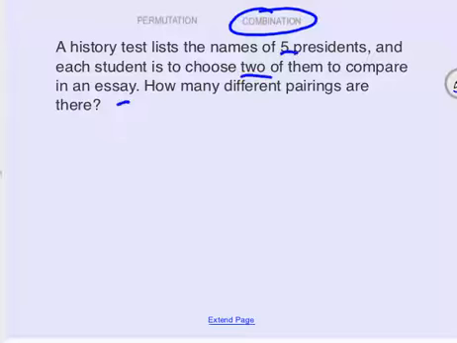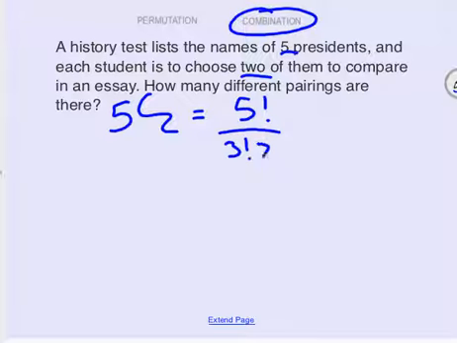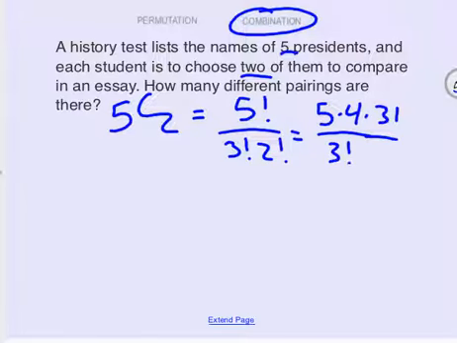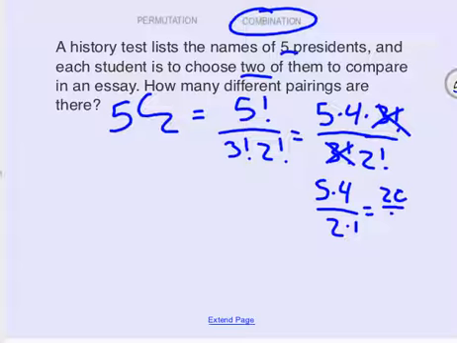So you got 2 and 5, so 5 choose 2. So guess what? 5 minus 2 is 3, and then 2. So then you're going to have 5 times 4 times 3 factorial over 3 factorial times 2 factorial. 3 factorials cancel. 5 times 4 divided by 2 times 1 is going to be 20 divided by 2, which is equal to 10.